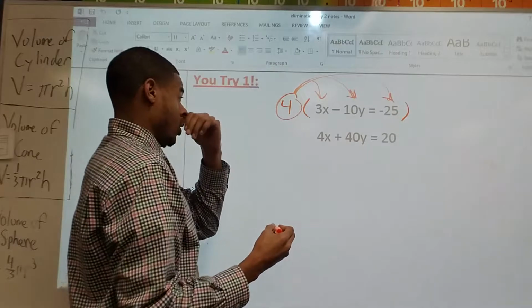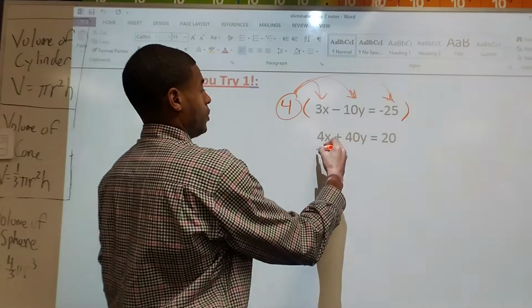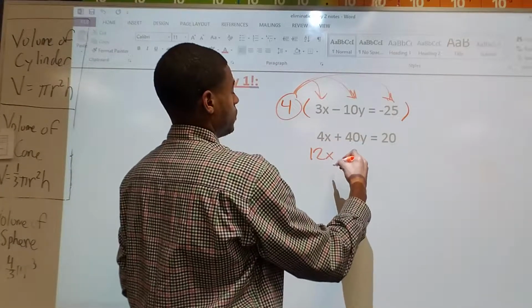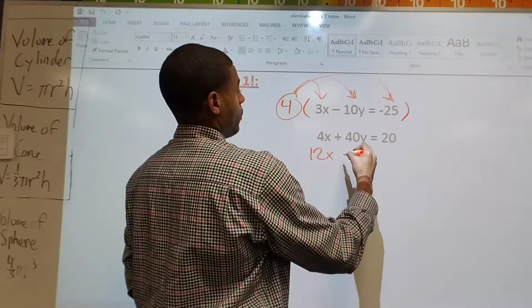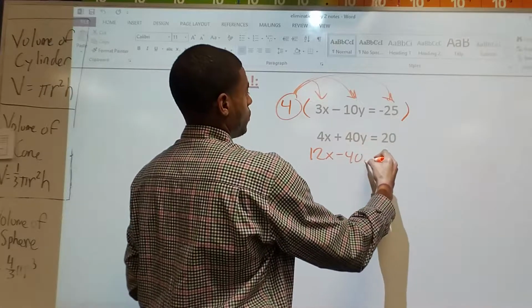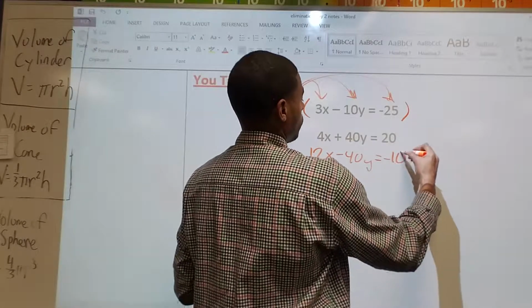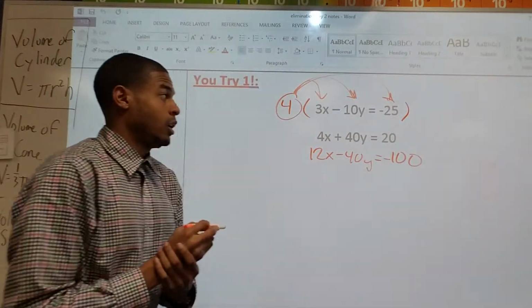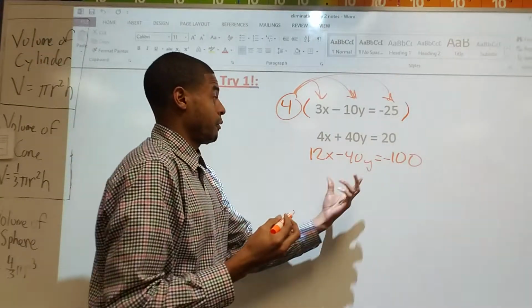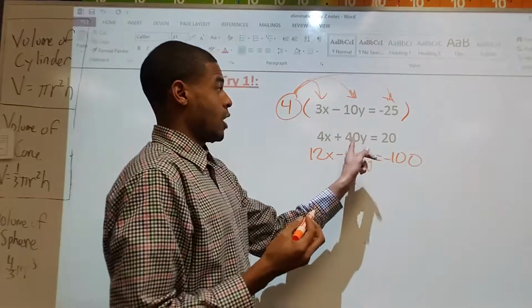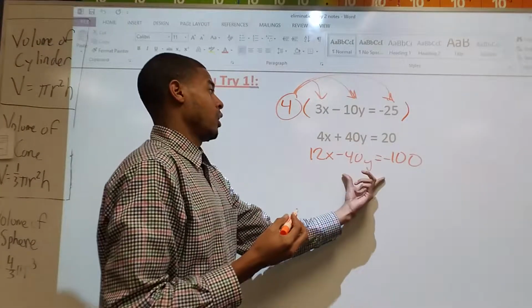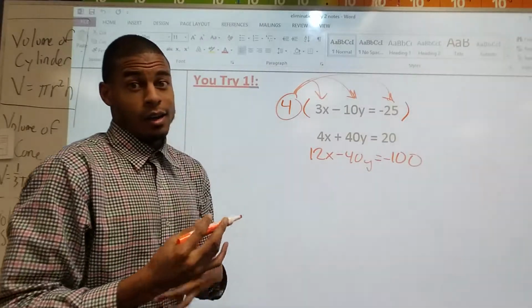My new equation is now 12x minus 40y is equal to a negative 100. Now once you have opposites, notice how I have a positive 40y and a negative 40y, I can eliminate.